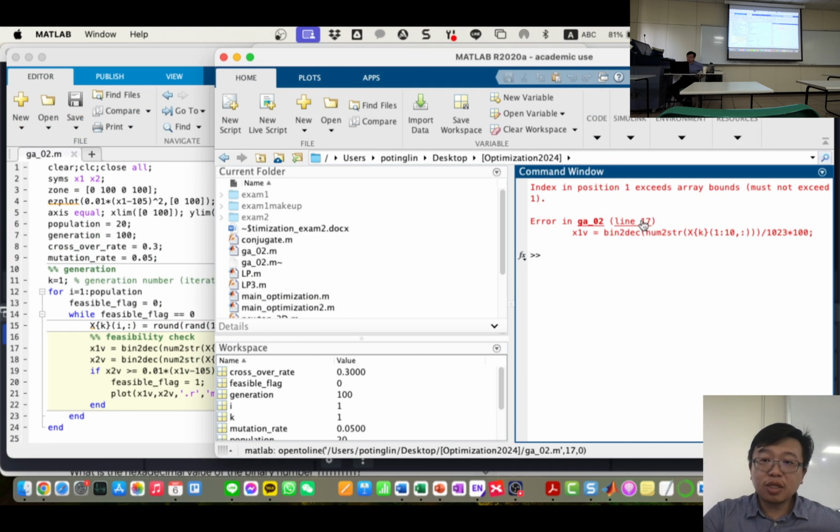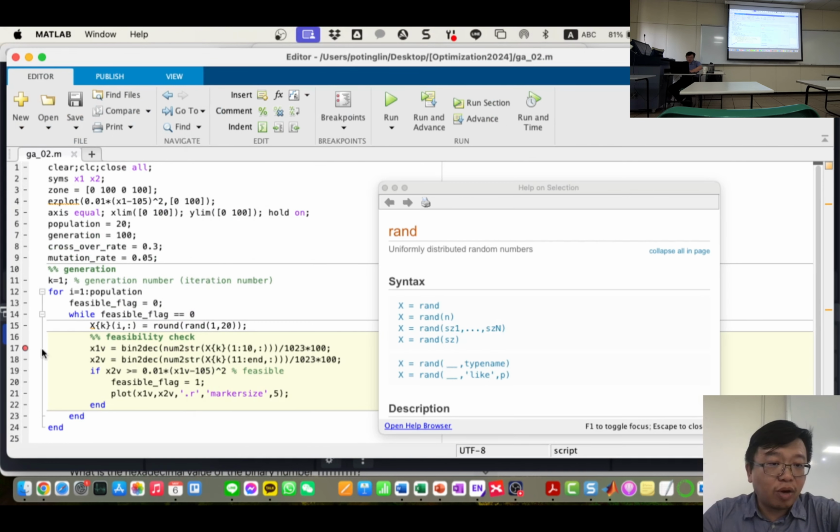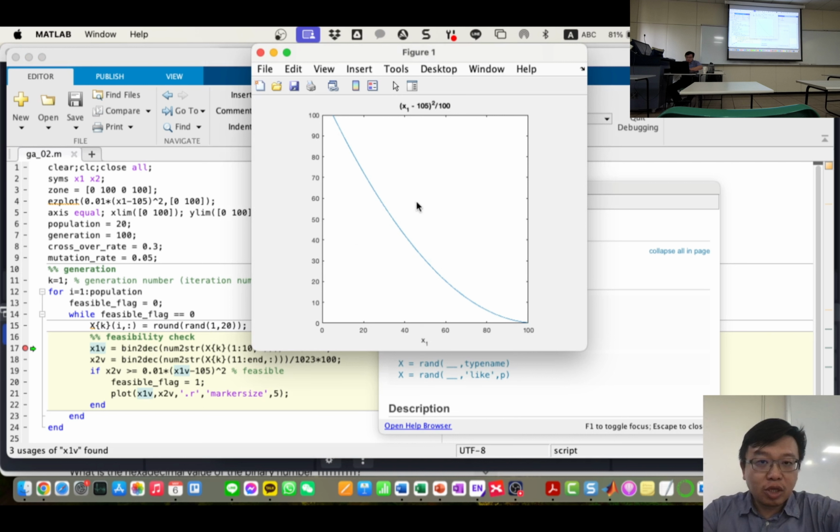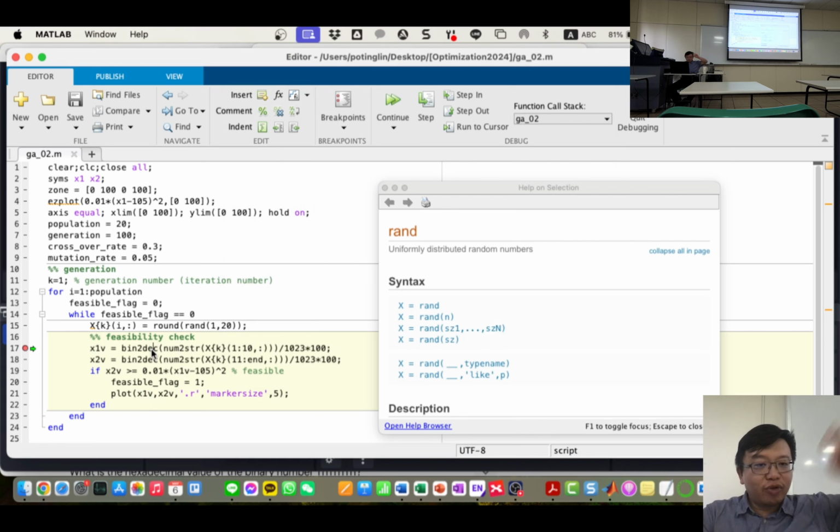Something is wrong. Double check why. Run the code again. So this is the problem, right? We are looking for some position on the upper right corner where the objective function is the smallest. Over here, I'm not sure, let me see what's wrong.